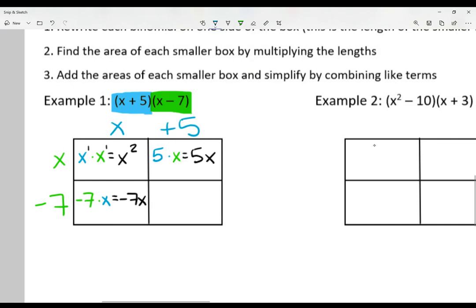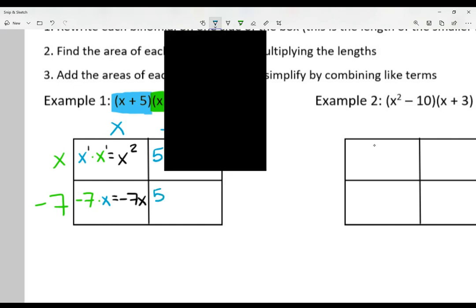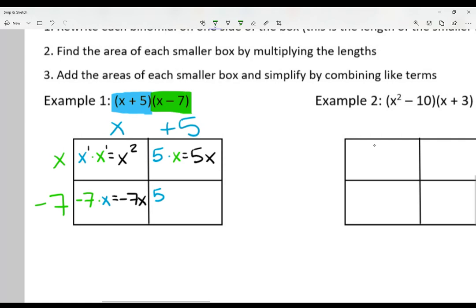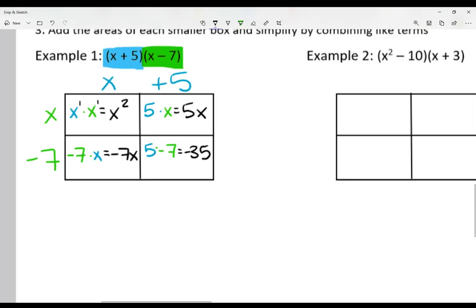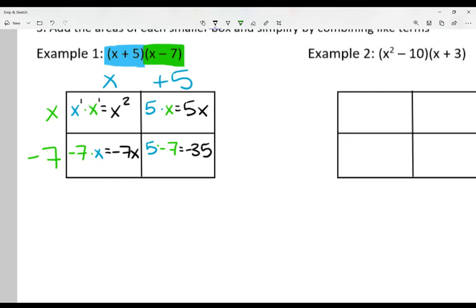And lastly, we're going to do 5 times negative 7. And 5 times negative 7 is negative 35. I'm going to rewrite all of these terms here. We got x squared plus 5x minus 7x minus 35.